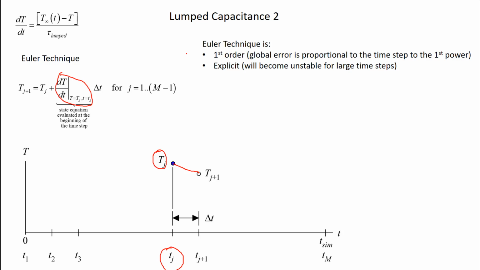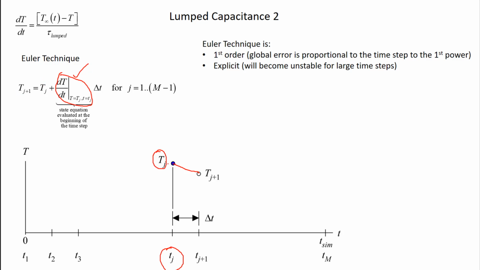Now we showed that last time. The first order nature is evident in the fact that you only have to calculate the state equation one time to move through the time step. So we're only getting the first derivative, and that means the global error of our simulation is proportional to the time step to the first power. And it's also explicit, right? If you look at this equation we're using to move through the time step, everything on the right hand side is known.